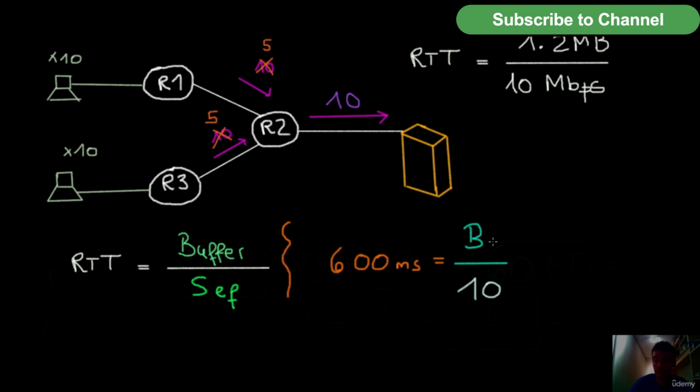So what is going to be now the buffer size? Remember that the effective speed is in bits, 10 megabits per second, and here I want to have the value in bytes. First of all, we need to transform these megabits per second to megabytes per second, and even better, to bytes per second.